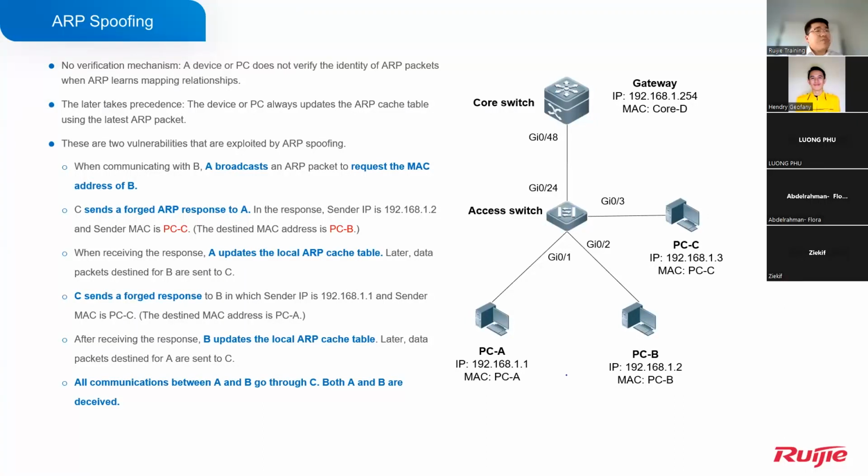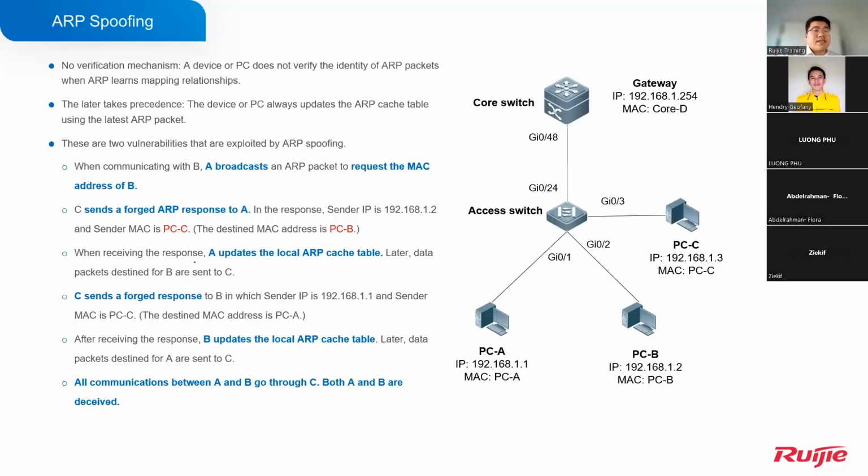And next is ARP spoofing. Let's see it. No verification mechanism. A device or PC does not verify the identity of the ARP packet when ARP learns mapping relationships, and the later one takes precedence. The device or PC always updates the ARP cache table using the latest ARP packets. Based on these two mechanisms, it will cause some problems.